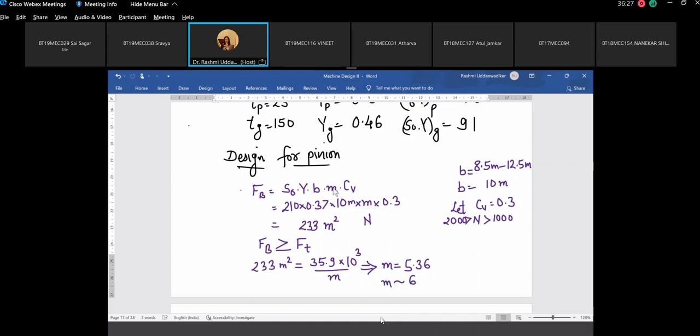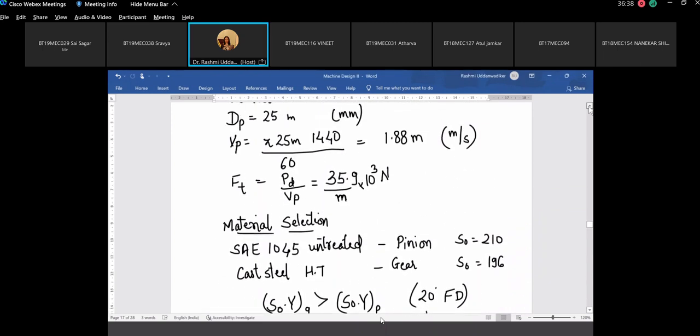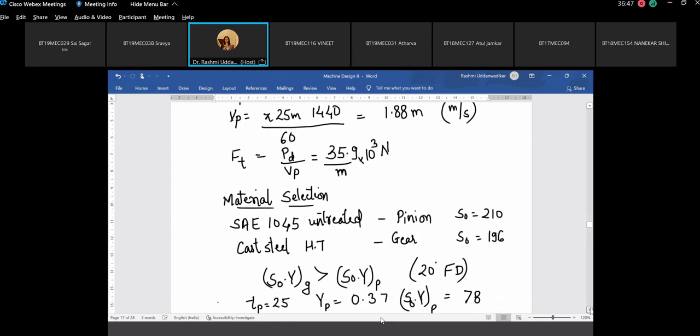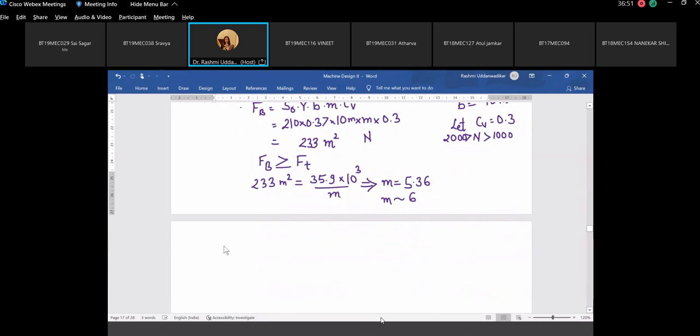Now once we know the value of M, we'll get the value of B, the value of DP, and the value of VP. And once we have all these values, because everything was initially taken in terms of M, once you get VP, we'll check what CV is by the formula given in the design data book, and whether our selected CV was correct.